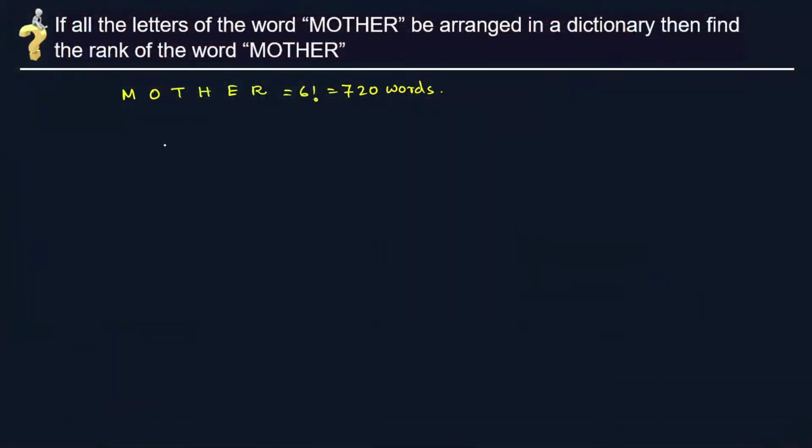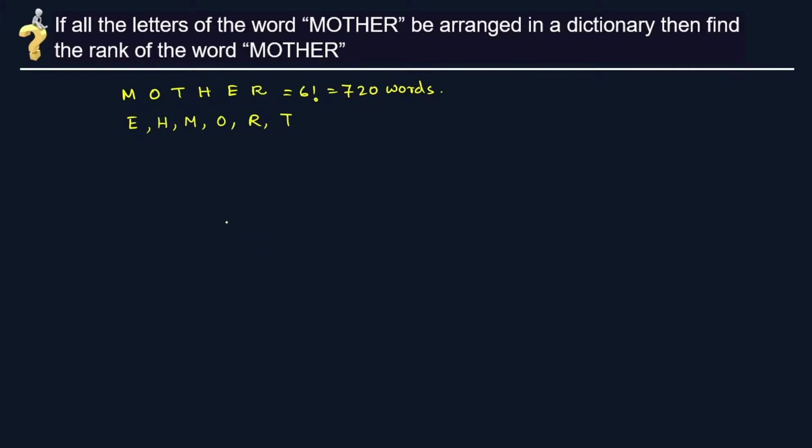So for that, let me first write all the alphabets in alphabetical order. The first is E, then H, then M, then O, then R, then T, right?